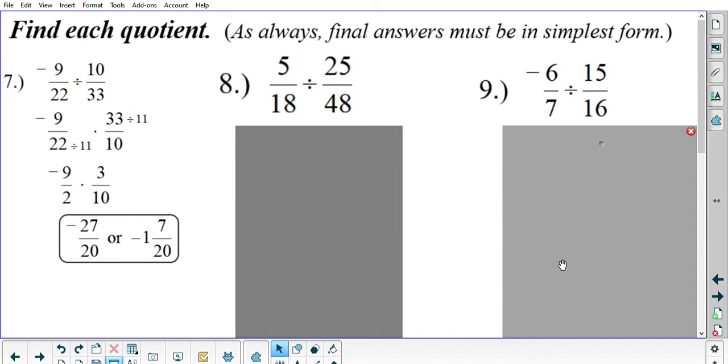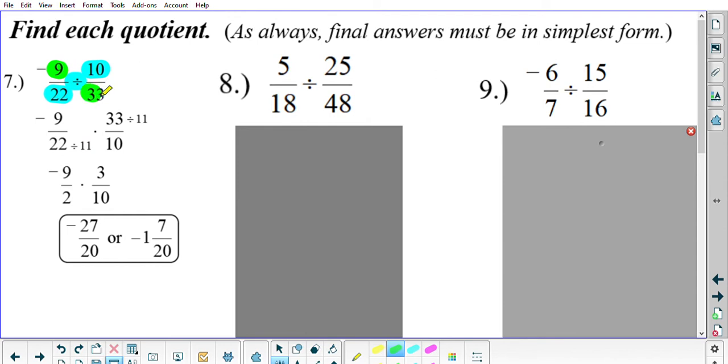All right. Now we are at the second page. You can see a number 7. I did it for you. I wanted to give you number 7 as another example for you to look at, just to remind you that even though it was tempting to want to reduce the 10 and the 22 by 2, you can't, because there's division in between. Same thing could have been said about the 9 and the 33.